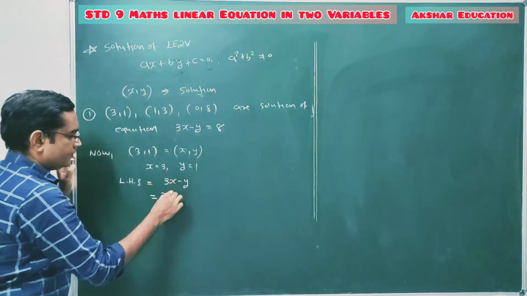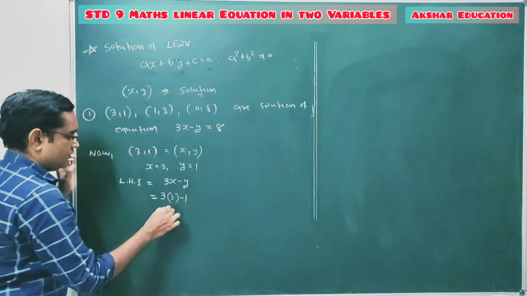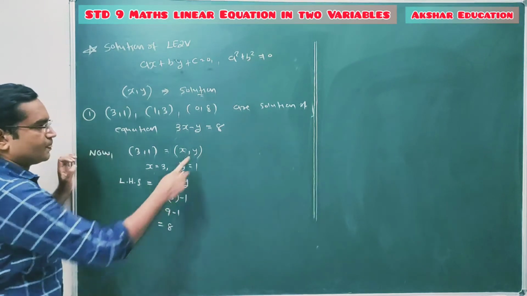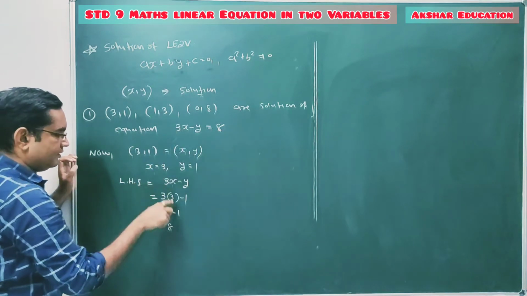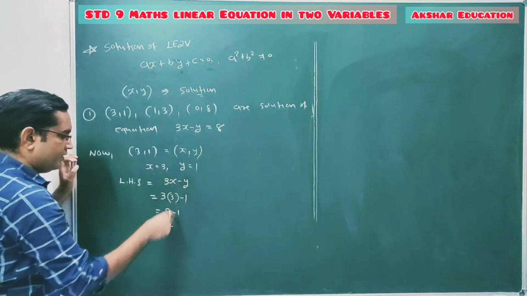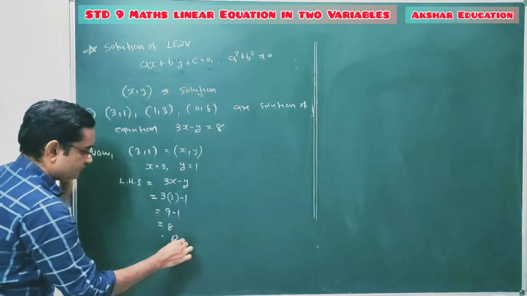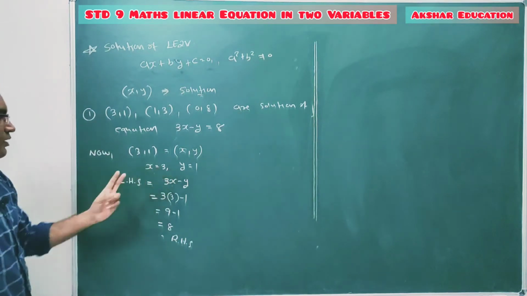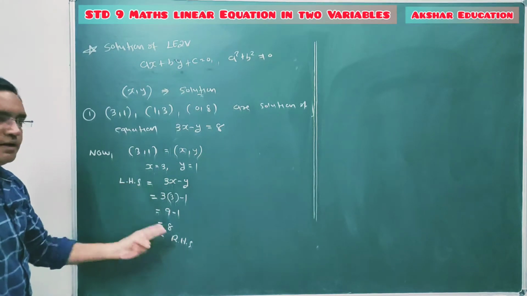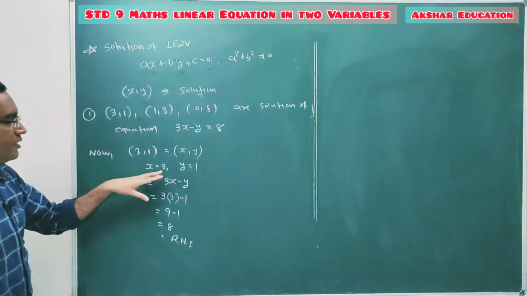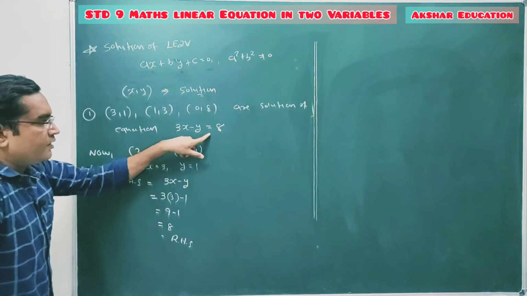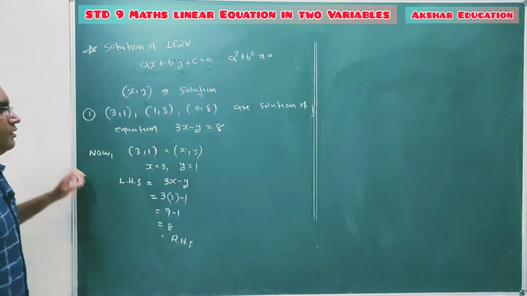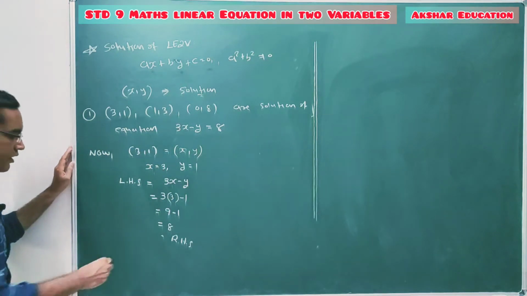So 3 into 3 minus 1, 3 threes are 9, minus 1 is equal to 8. So after putting the values of x and y in the left hand side, we are getting the right hand side. So for x equal to 3 and y equal to 1, the left hand side is equal to the right hand side. That means these values of x and y satisfy our given equation. Therefore (3, 1) is the solution of this given linear equation in two variables.